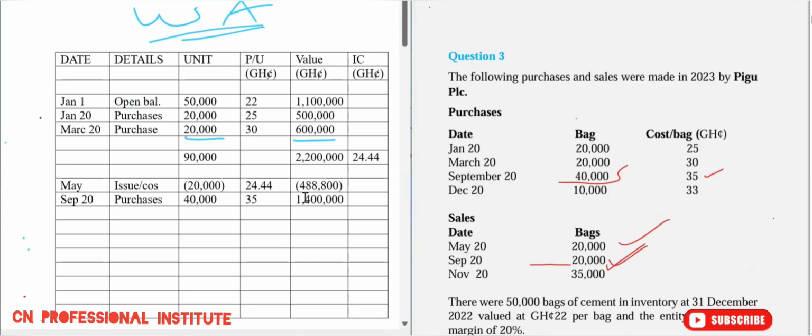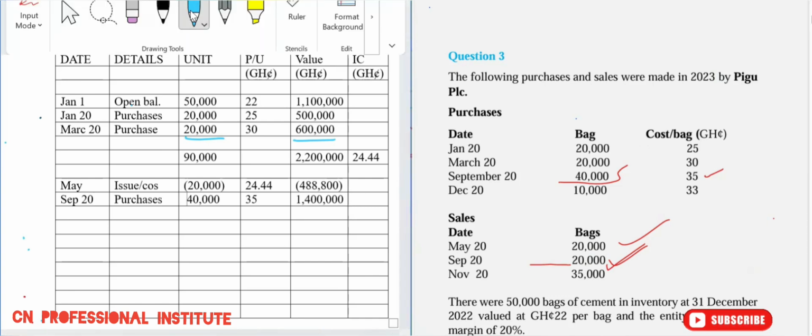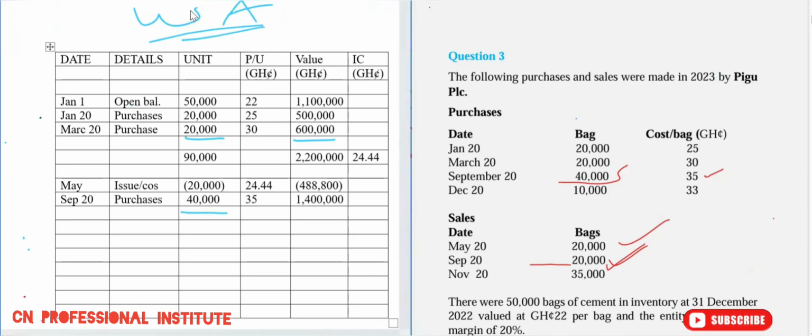So immediately before the issue, we need to get the issue price. I mean that we have to get the cost per unit that we will attribute to the quantity that we are selling. So immediately before the issue, let's get our quantities that we have. Can we name this one as balance?